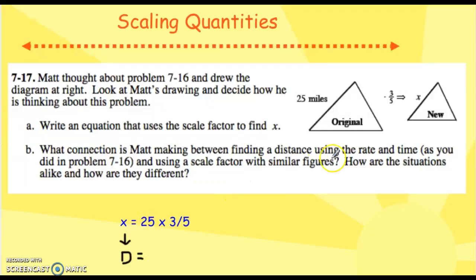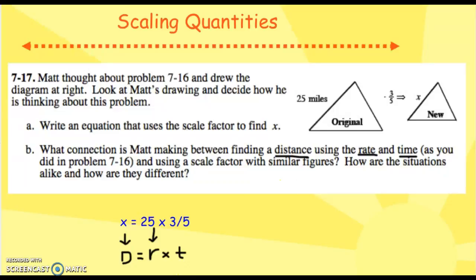The rate, so I have distance. Rate is how fast he was going. So rate is the 25 miles that he can travel in 1 hour, times 3/5, which is the time, because he travels for 3/5 of an hour. So that's related to time.